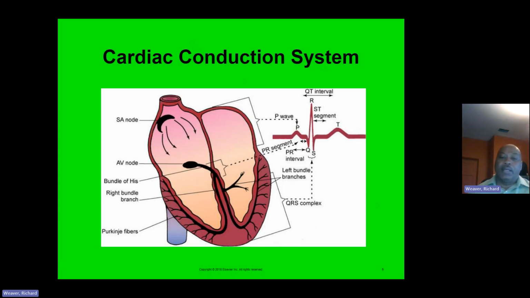If there is a reduction of oxygen to the conduction system, remember the arteries carry blood to our electrical conduction system as well, then dysfunction is going to set in.